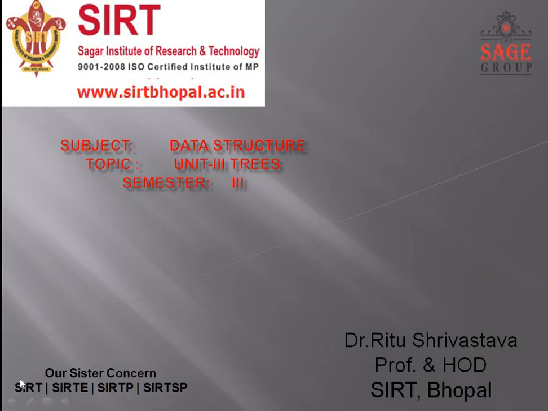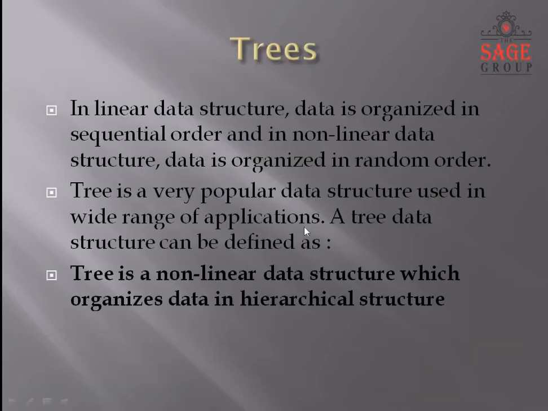As you all know, students, a tree is a part of non-linear data structures. Till now we have studied linear data structures, in which the data is organized in a sequential order, but in a non-linear data structure we organize the data in a random order. Basically, a non-linear data structure enforces a kind of structure.